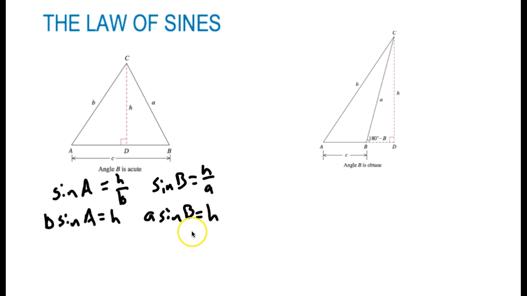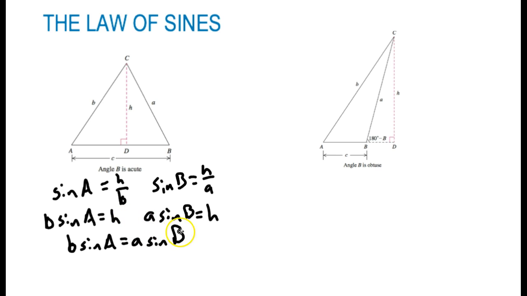Well, now, since these 2 expressions on the left side are both equal to h, I can say they're equal to each other. So I can actually now say b times the sine of A is equal to a times the sine of B. And this is a form of the law of sines.